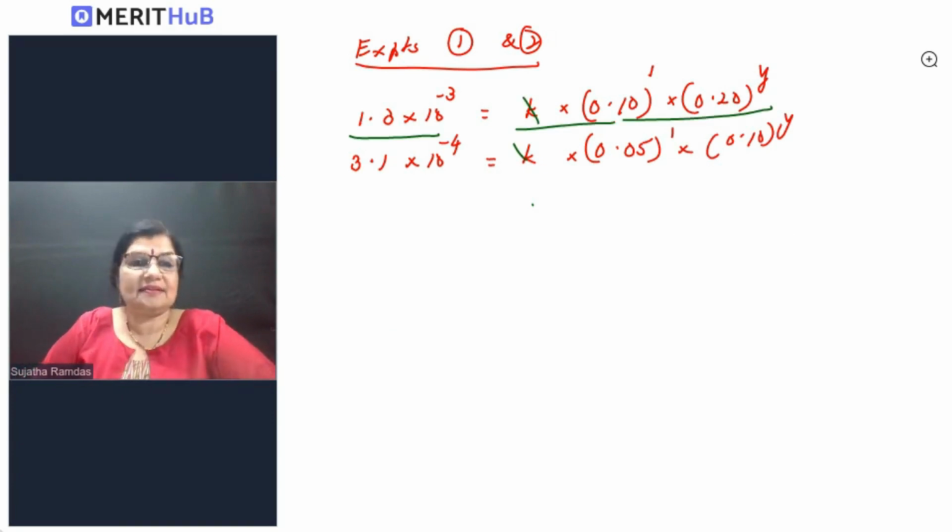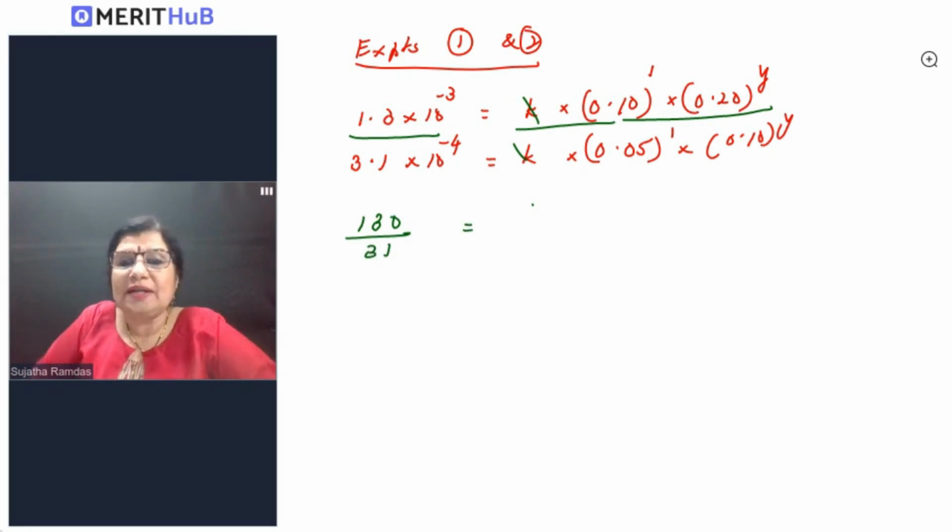K gets cancelled. Let this be 1.3. If you solve, you will get 130 by 31. That is equal to 2 to the power of 1 into 2 to the power of Y.